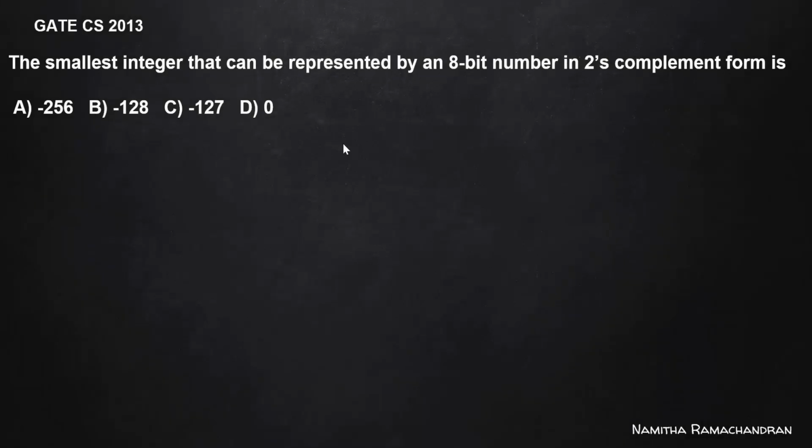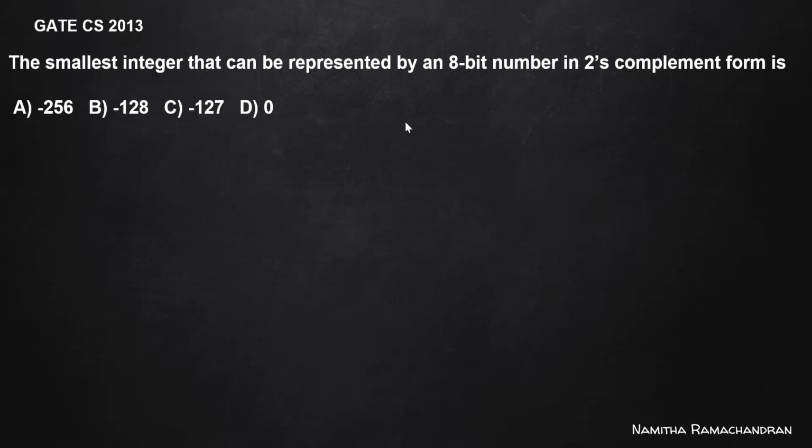Next question is the smallest integer that can be represented by an 8-bit number in its 2's complement form. The smallest number that can be represented using 8-bit in 2's complement form.